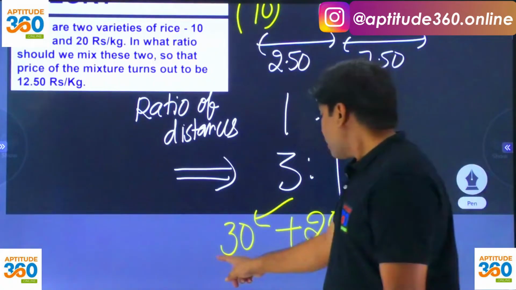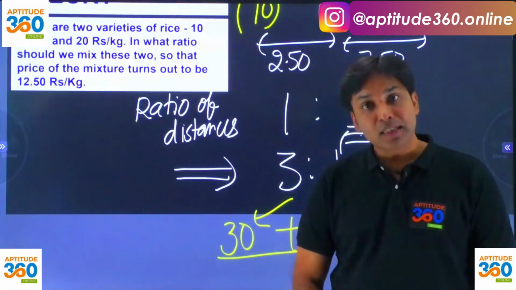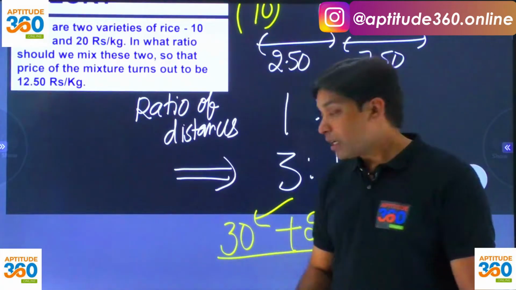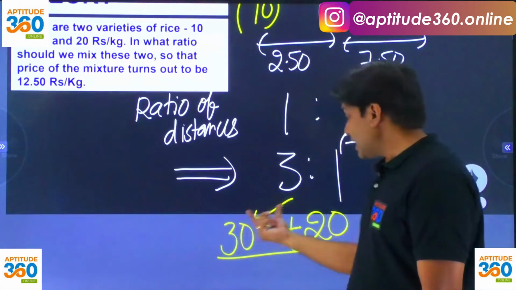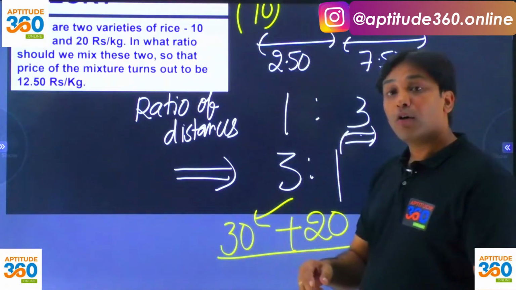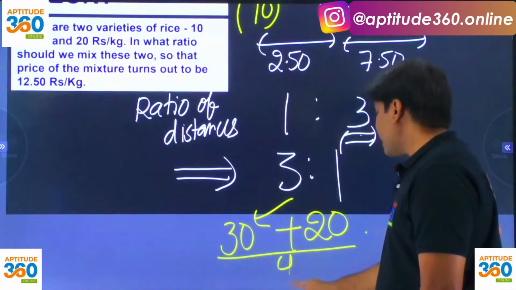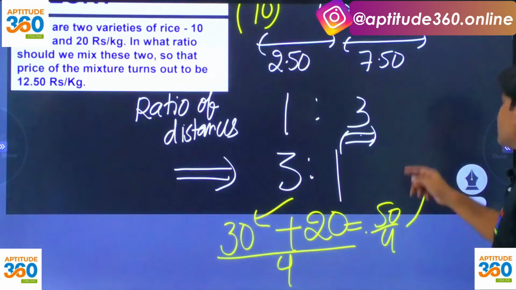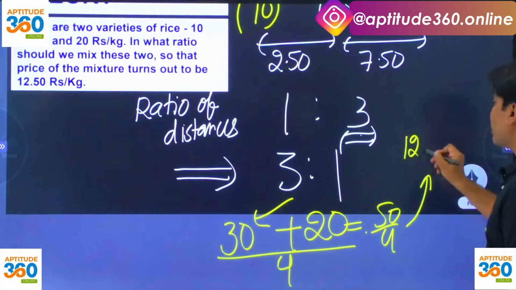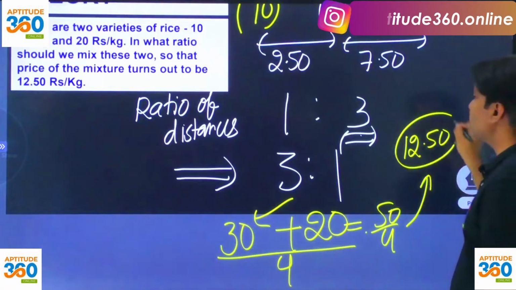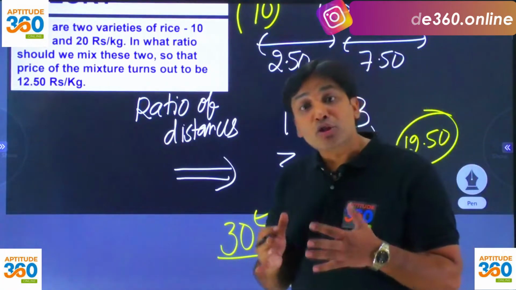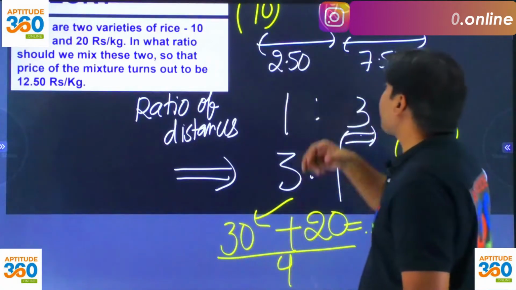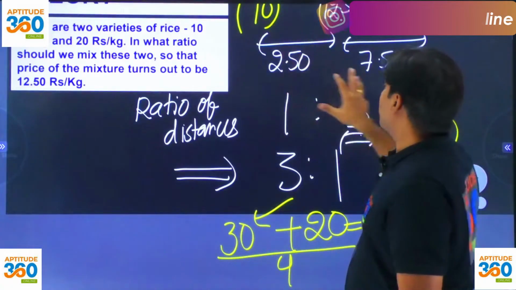So we have spent 50 rupees in order to buy 4 kilogram, 3 kilogram of the first variety and 1 kilogram of the second variety. So 50 by 4, what is this price? This price comes out as 12.50 rupees.